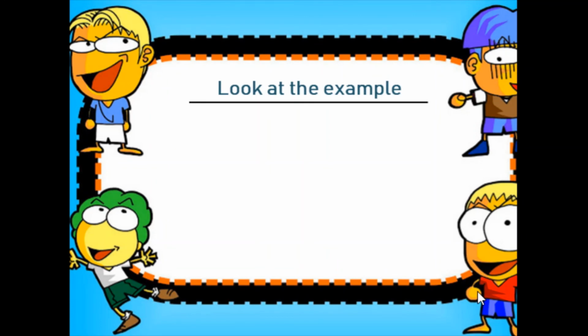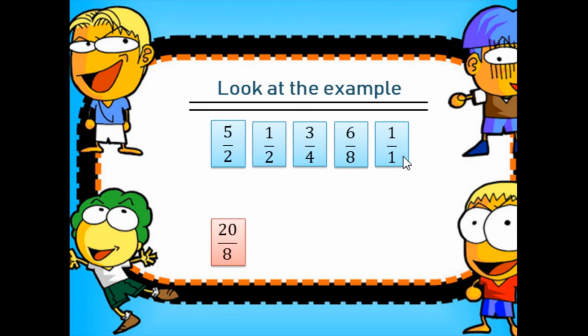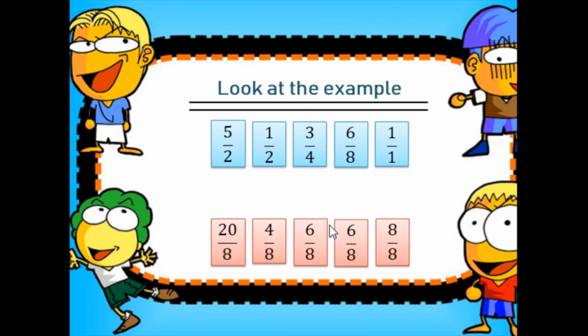But what if our fractions are not like fractions? The denominators are not the same. So we have example, 5/2, 1/2, 3/4, 6/8, 1/1. Let's put the answers first, okay?